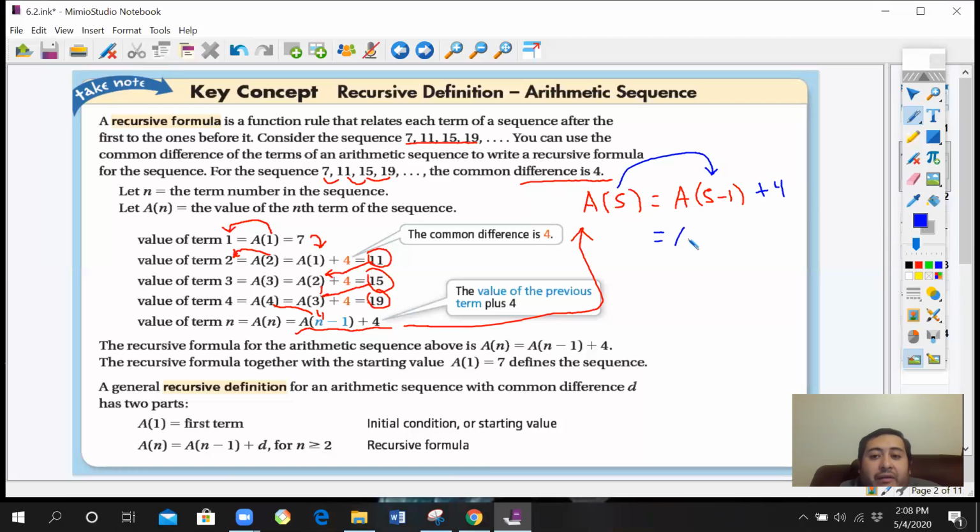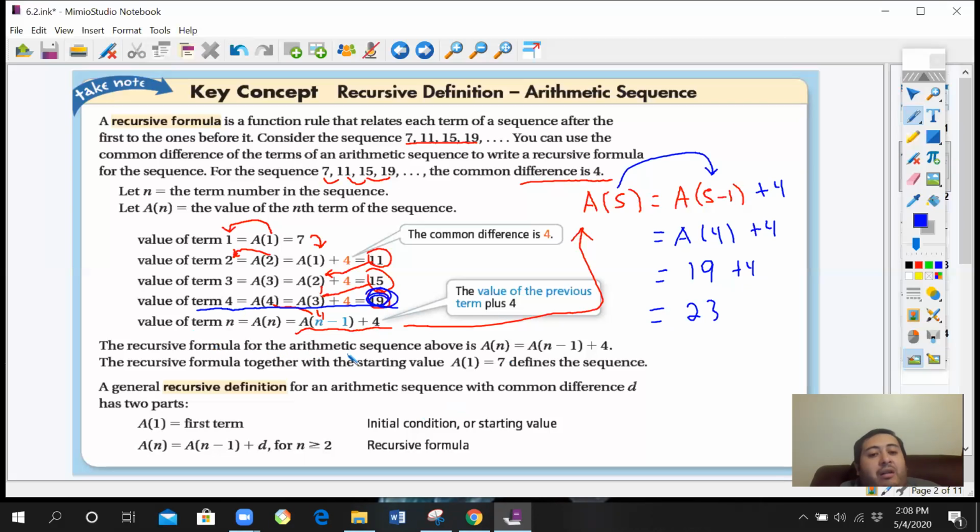So therefore, 5 minus 1 is 4, and A4 is giving us 19. So we put a 19 and then plus 4, and that gives us 23. Okay, and it keeps going and going, depending on what term you want to end up with.